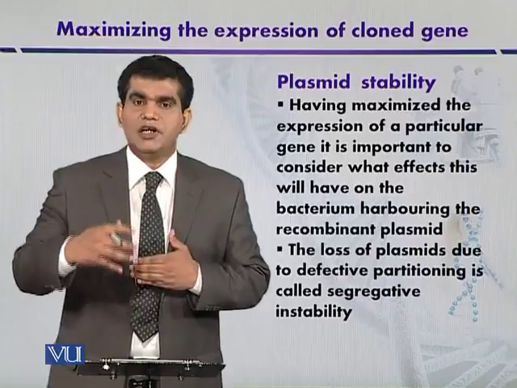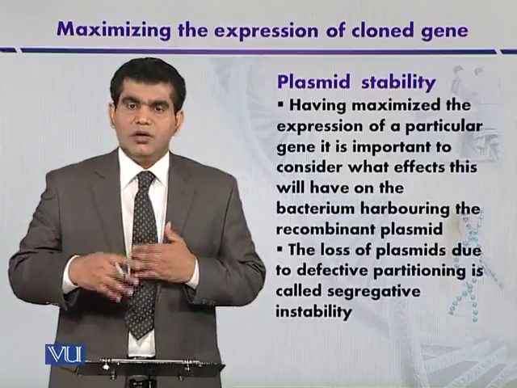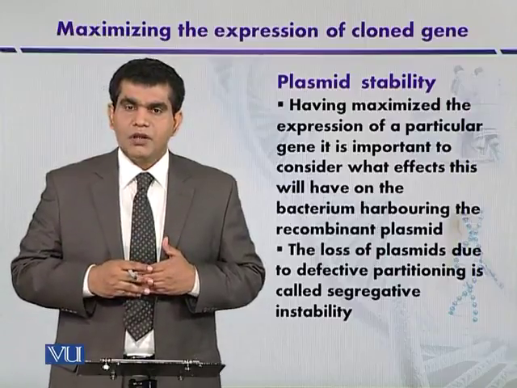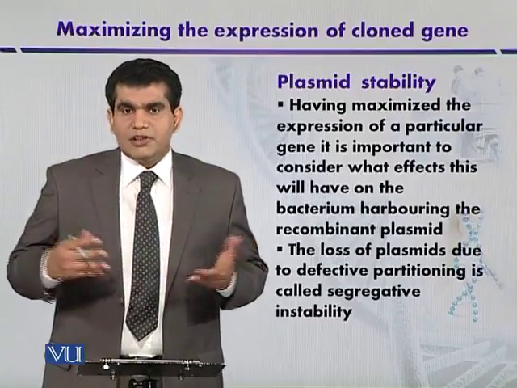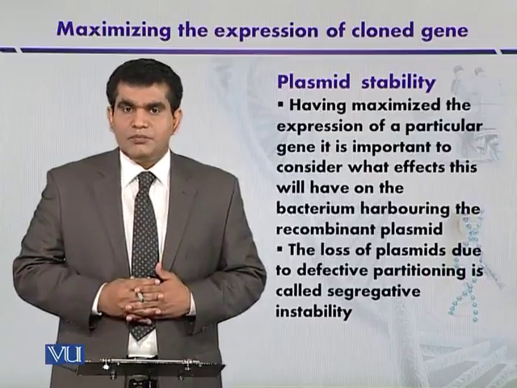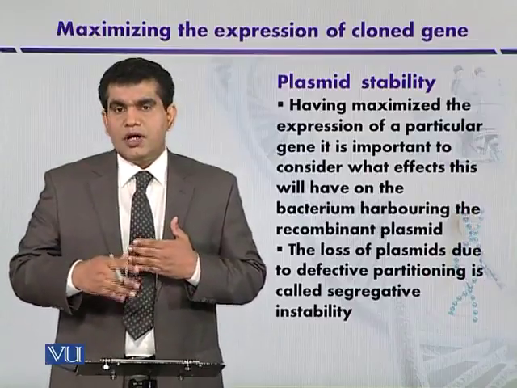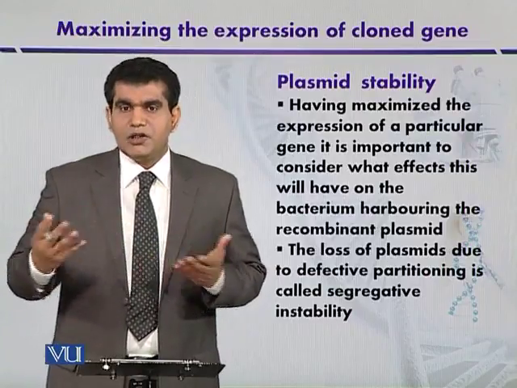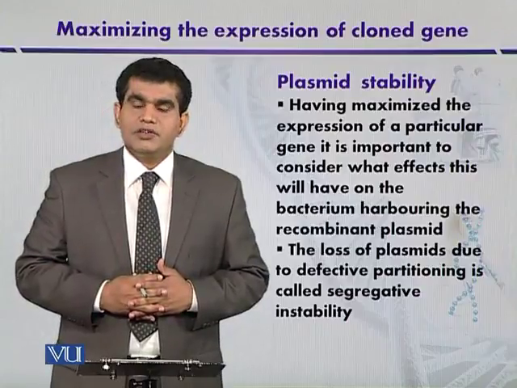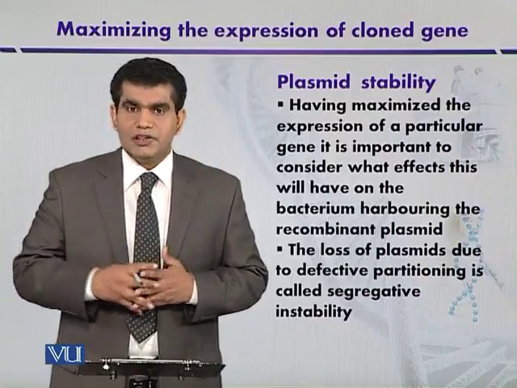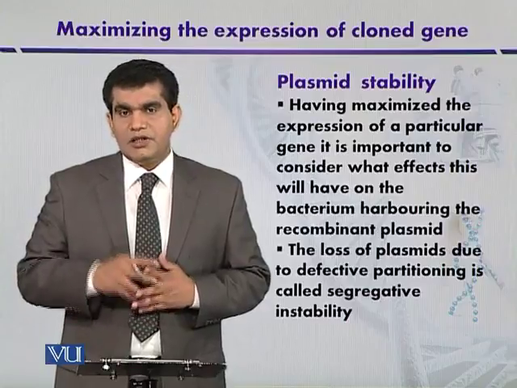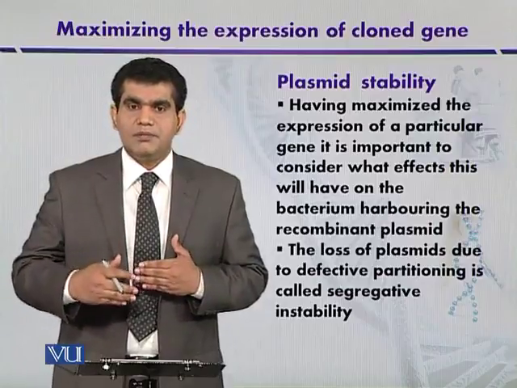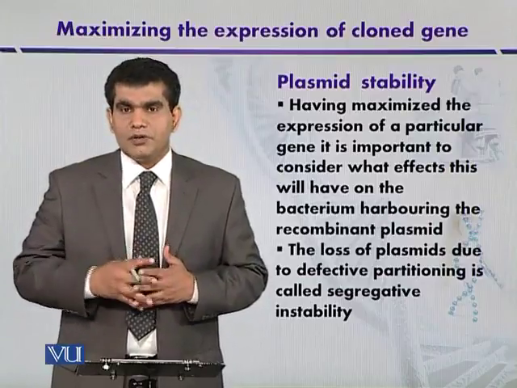So if expression is high, it can alter the cellular structure and cell fragility. We can also say that it can lead to other impacts: the cell may lose the plasmid altogether, or some structural instability may be there, and even the recombinant plasmid may be present in low copy number.